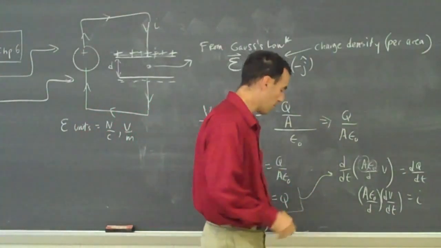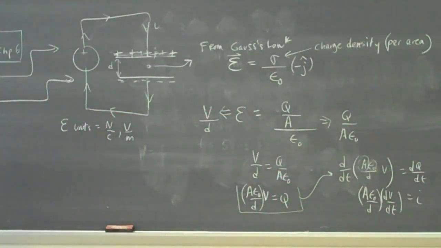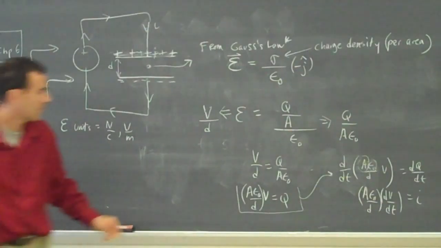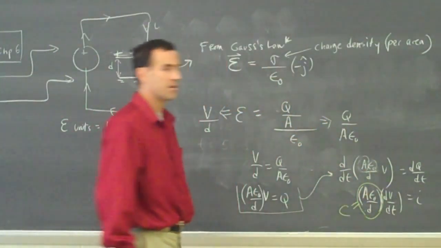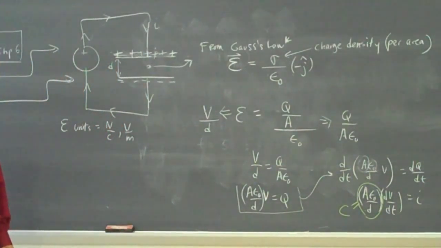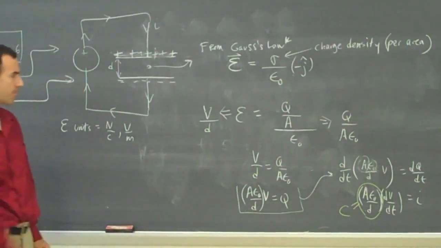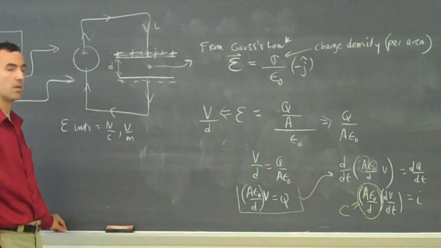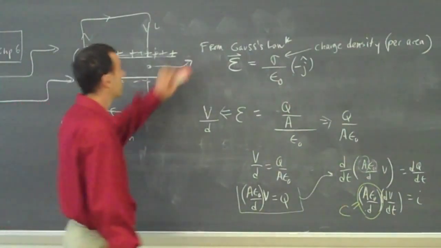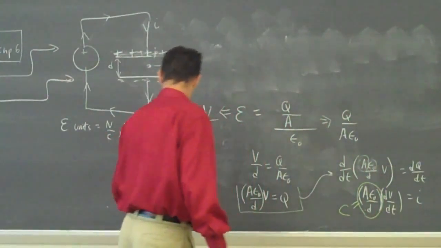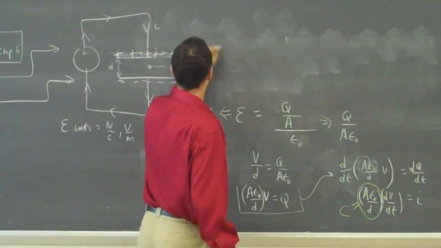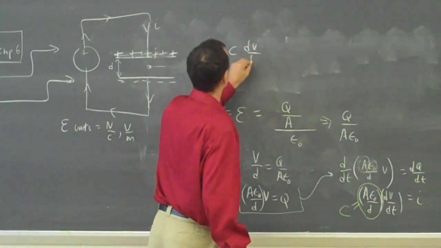I'll label that C. The relationship that's left is that I equals C dV/dt.